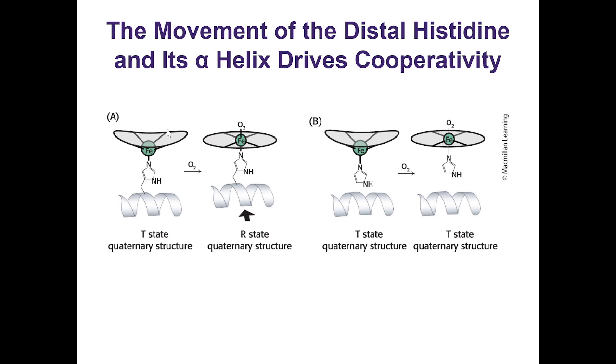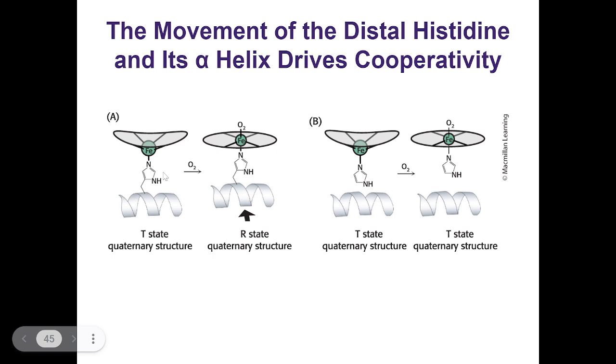All right. This actually shows another figure demonstrating the same sort of information. Right here, we actually see that movement of the histidine. And this is going to be what drives cooperativity, by the way.